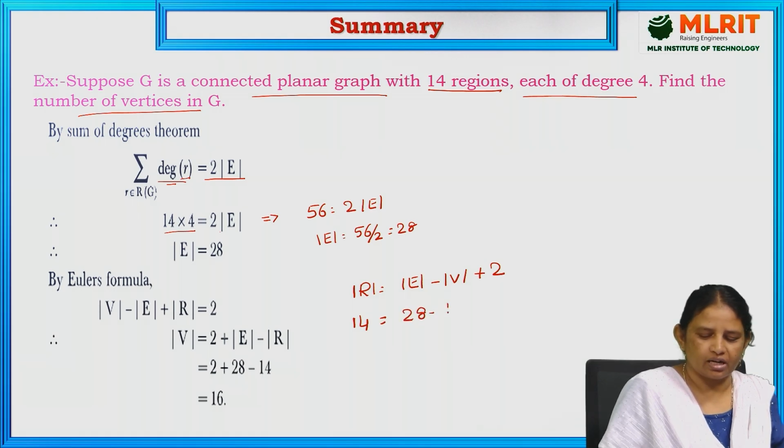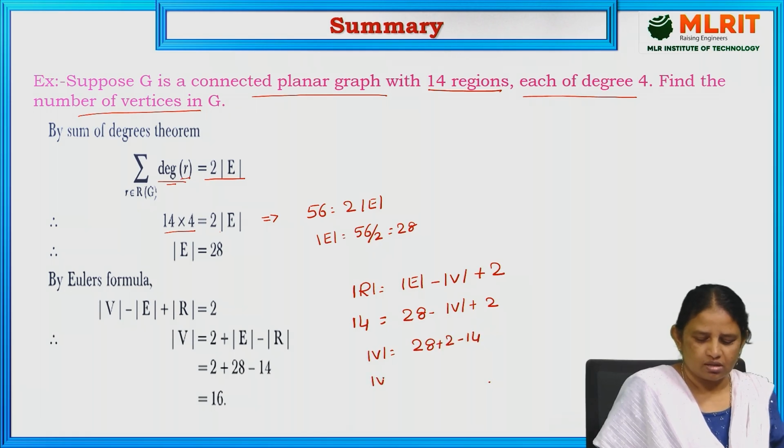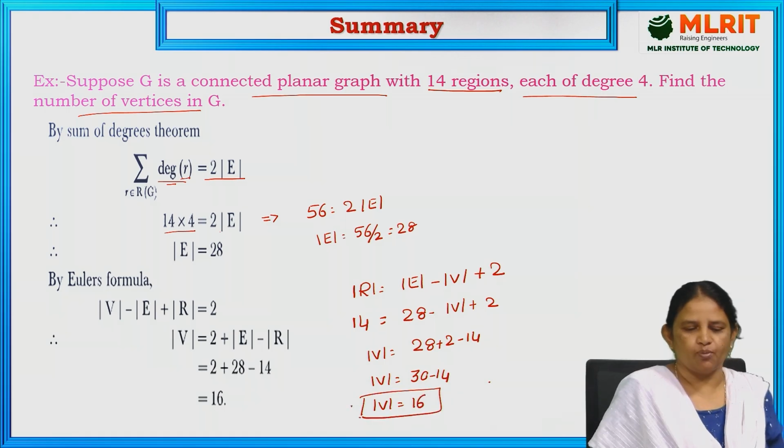We need to find the number of vertices |V|. So |V| equals 28 plus 2 minus 14. That is 28 plus 2 is 30, minus 14. |V| is equal to 16. That is the total number of vertices.